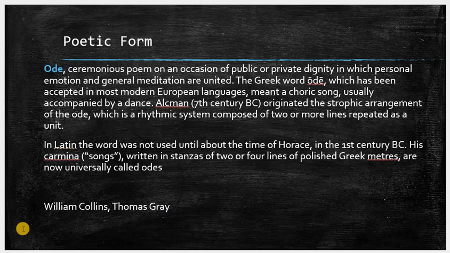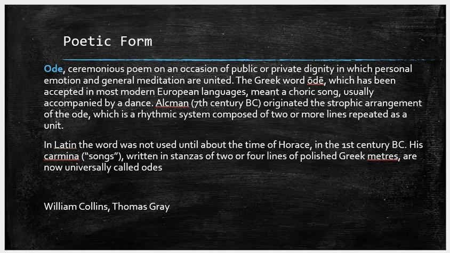The final poetic form for our lecture today is the ode. An ode is a ceremonious poem on an occasion of public or private dignity in which personal emotion and general meditation are united.